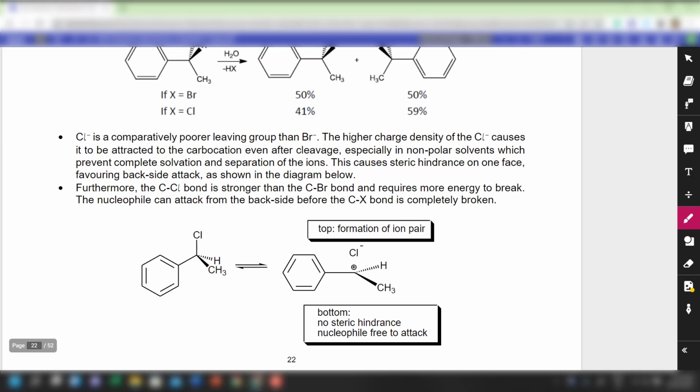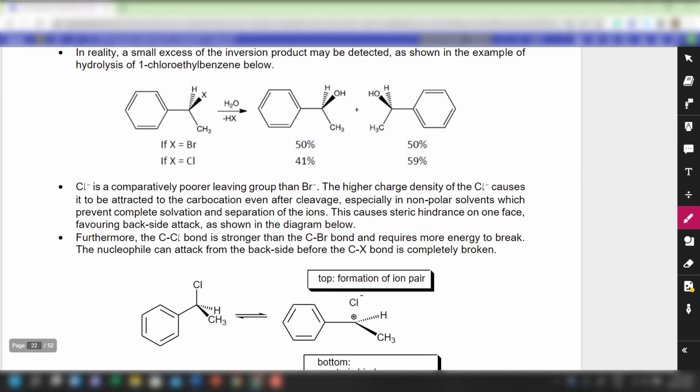When you have an ion pair near the top, I think it is understandable that it will block the top attack a little bit. So that is why you end up with maybe the bottom attack product a little bit more as compared to the top attack product. So in our case here, when you have chloride, you only get about 41% of the products being formed when the nucleophile approaches from the top.